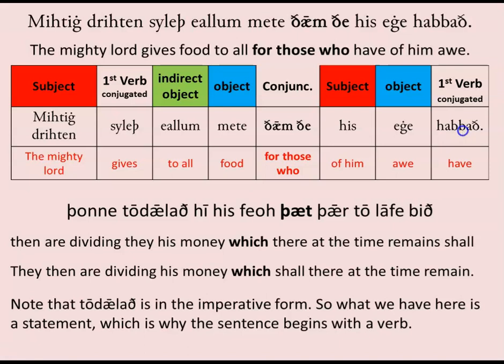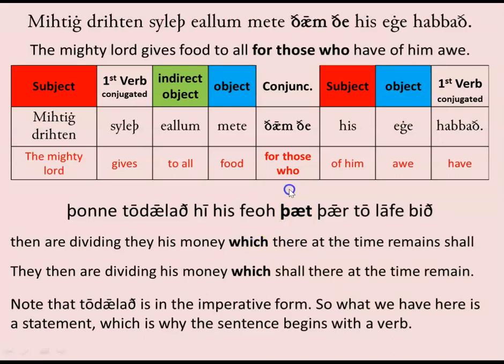All right, let's have a look at another one. Thona todaleth, he, his fech, that thar tolava bith. Then they are dividing, todalith, are dividing, he, they, his fech, money, wealth, riches, which, that in this case, which makes sense for that. That's the relative pronoun, that.